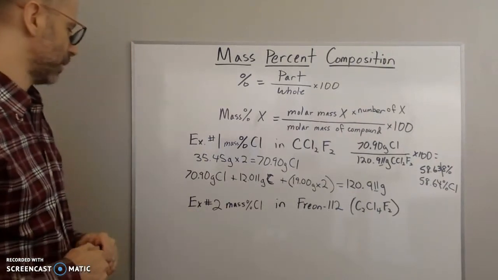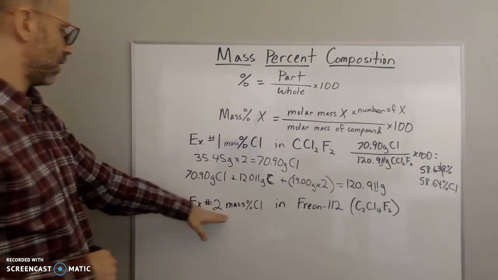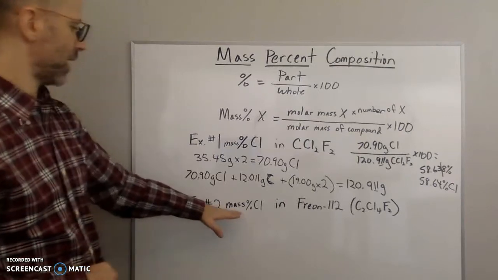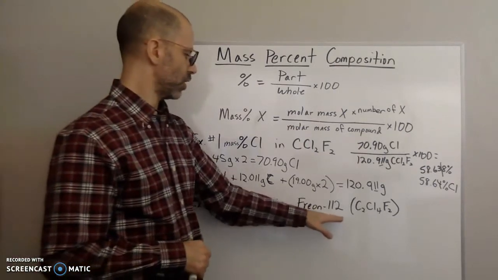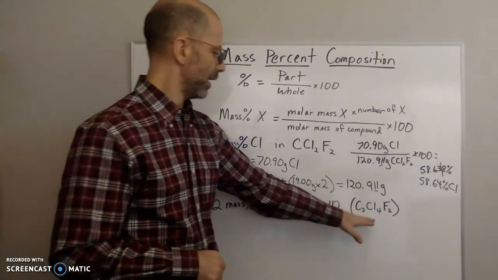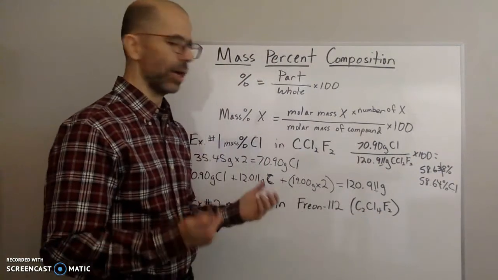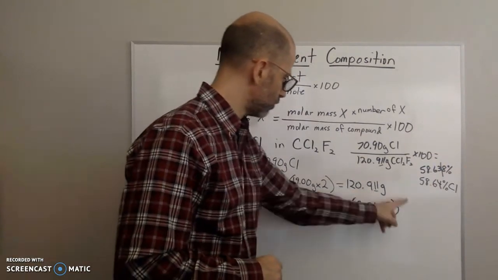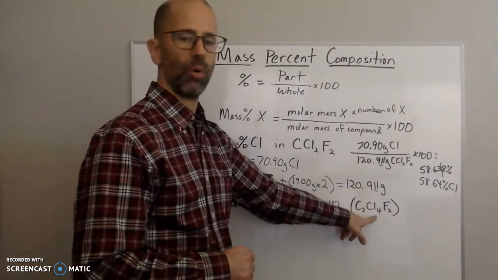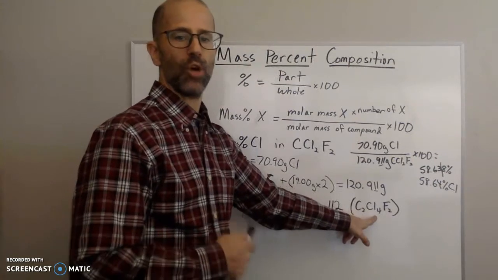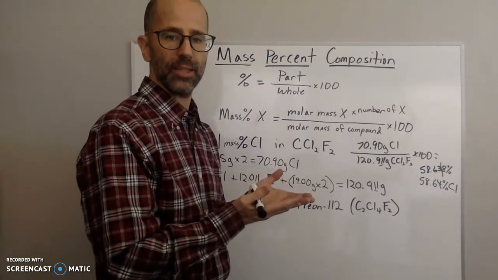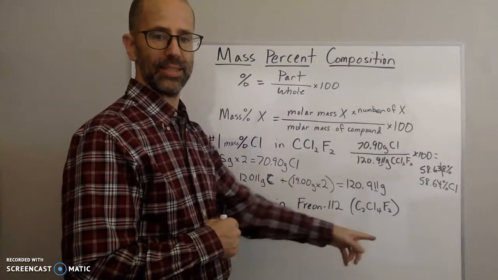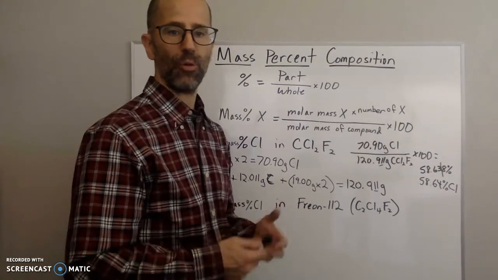So let's do another example. Here they want the mass percent of chlorine in Freon 112, and here's the formula. So I do the same thing. Now here, in 1 mole of this substance, I have 4 moles of chlorine. So in order to get the total mass of the chlorine in this substance, I have to multiply by 4.